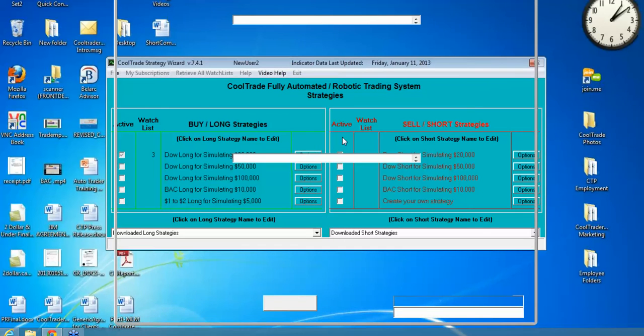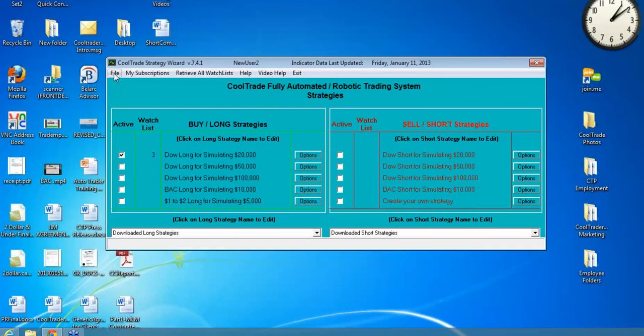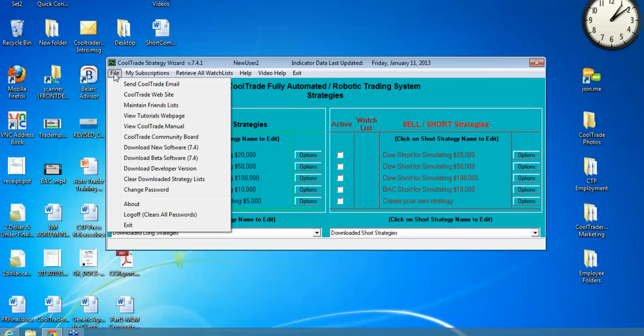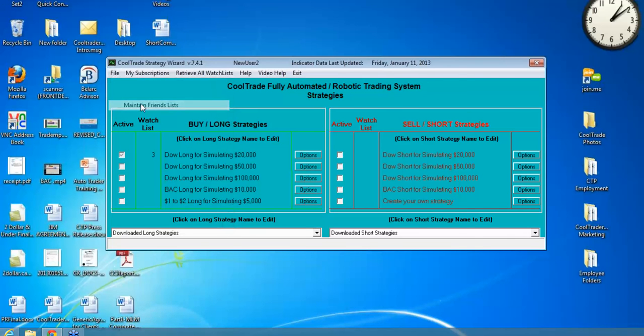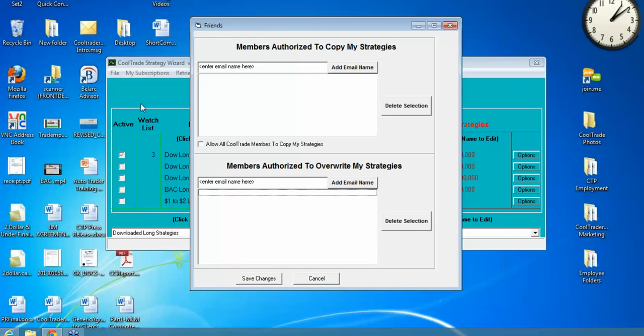First of all, if your sponsor wanted to share his strategy with the community, he would need to click the file button here, and he would have to click on maintain friends list. Once he clicks on maintain friends list, he can check this box right here, which is allow all CoolTrade members to copy my strategy.